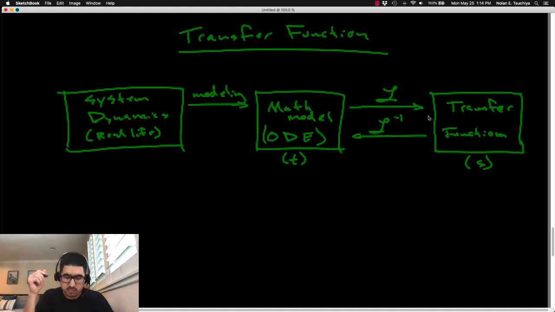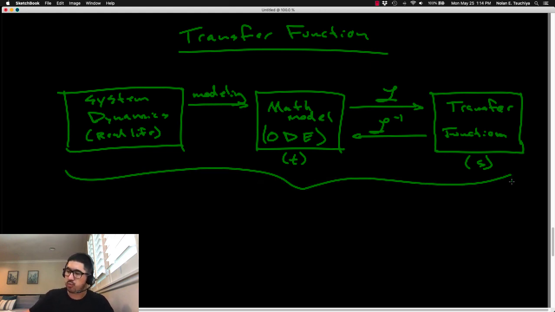Your very first assignment is going to be: can you go back and forth between all three of these different versions of the same dynamical system? Can you model a dynamic system to get an ODE? And then can you generate a transfer function using the Laplace transform?